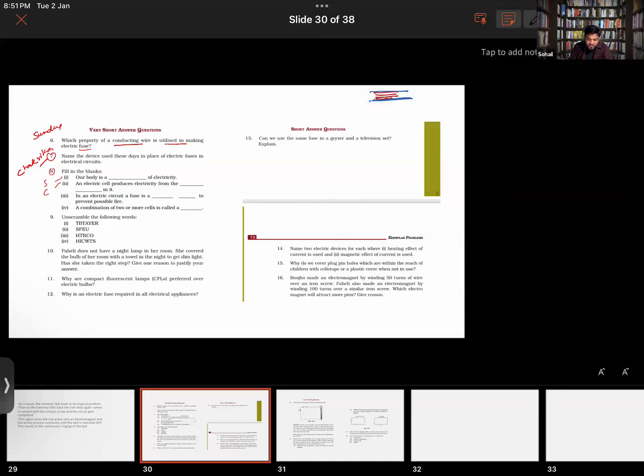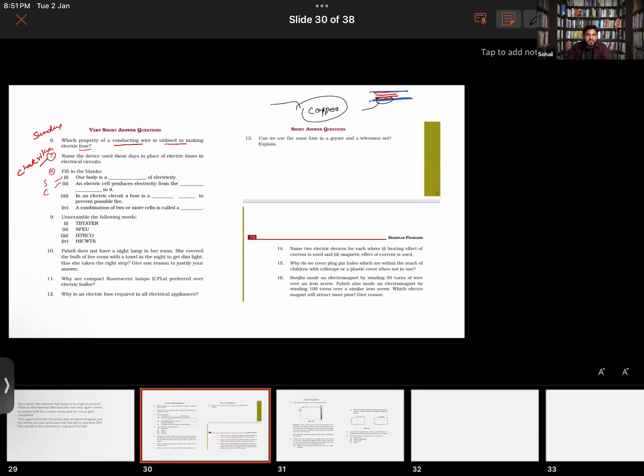If you take just one copper wire out of it, you can use it to make a fuse. So the point that the thickness should be less is also correct.